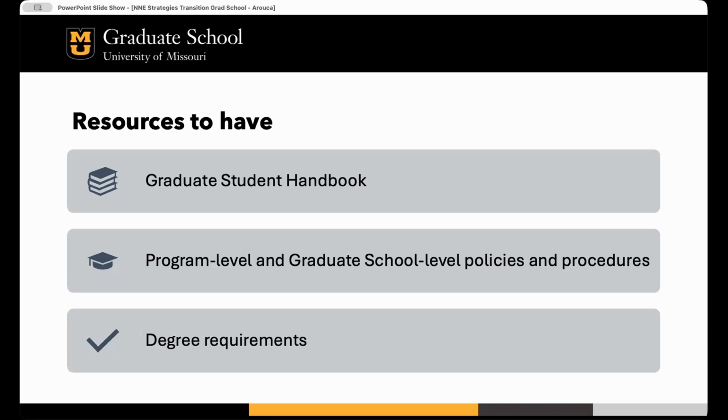So ask your program advisor, director of graduate studies, your mentor, your principal investigator, whoever it is, or a departmental staff member, where is the graduate student handbook? Oftentimes they will provide that to you during orientation.